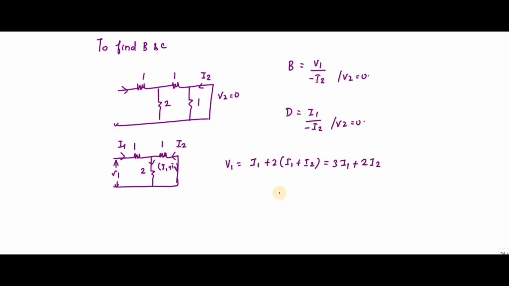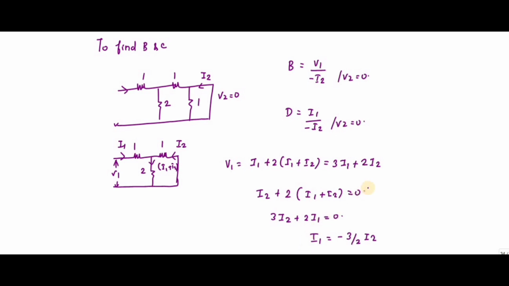Considering the second mesh loop, I can write I2 into 1 plus 2 into I1 plus I2 equal to 0. That is nothing but 3I2 plus 2I1 equal to 0. From this, I1 is equal to minus 3I2 divided by 2.